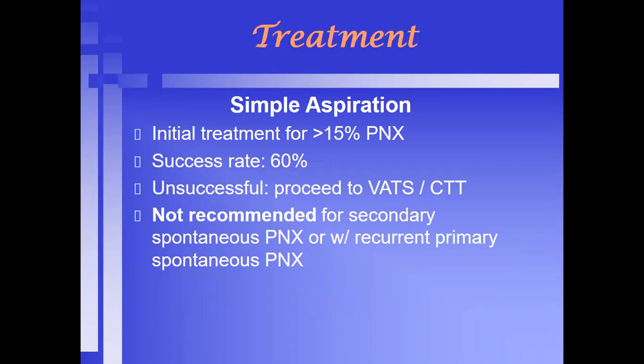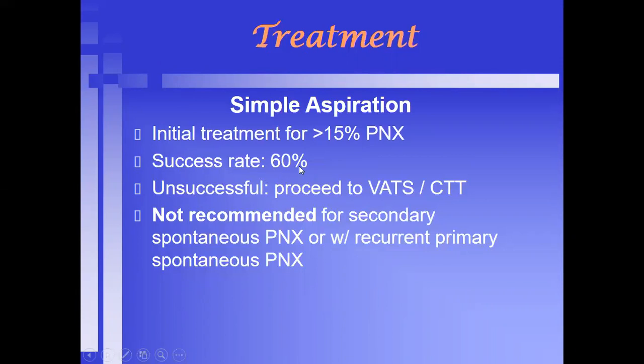Another option is to do simple aspiration. So if your patient has a pneumothorax of more than 15%, then we subject the patient to aspiration. So a needle is inserted into the second ICS anteriorly, and this has a success rate of about 60%.